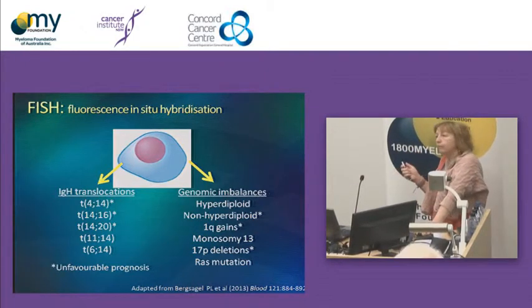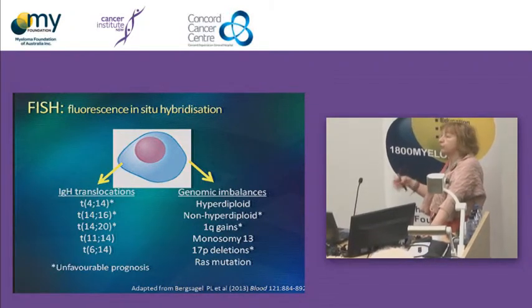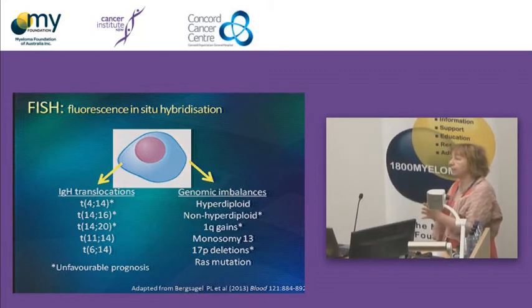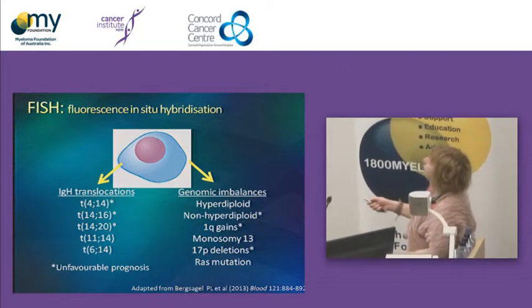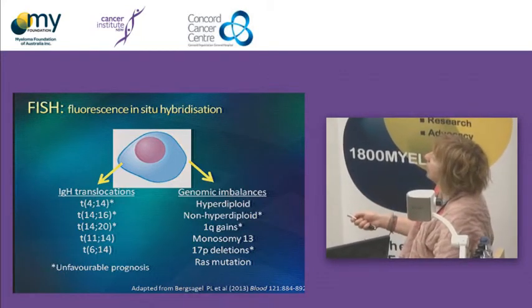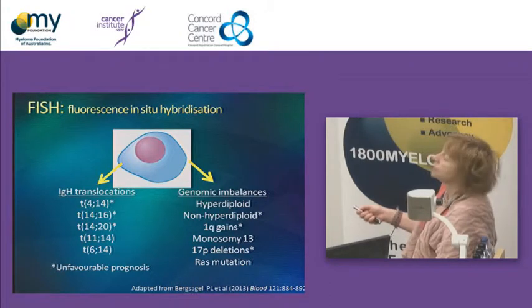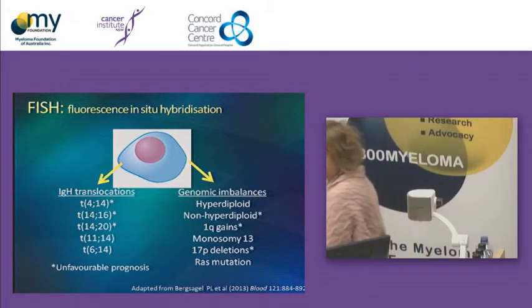We don't use them to monitor disease, but they help us in prognosis, in understanding which patients are more at risk than others. The ones with the asterisks are associated with a poor prognosis.